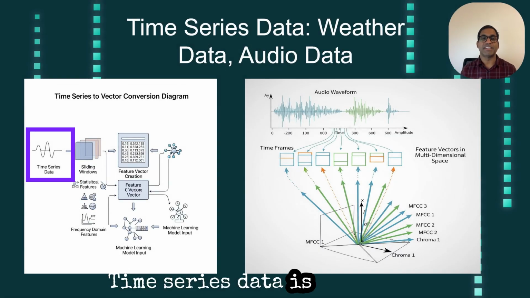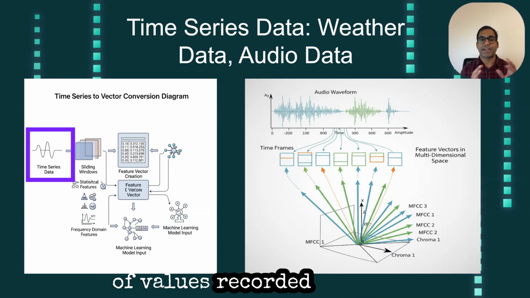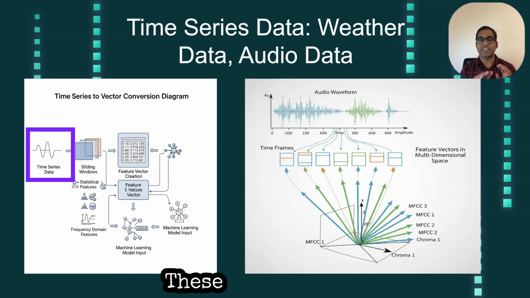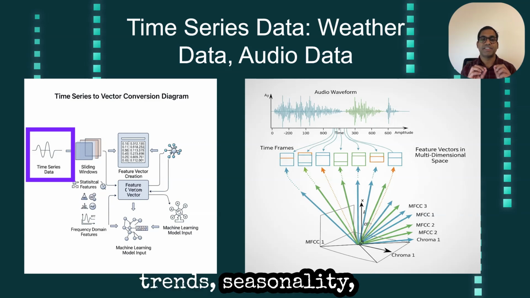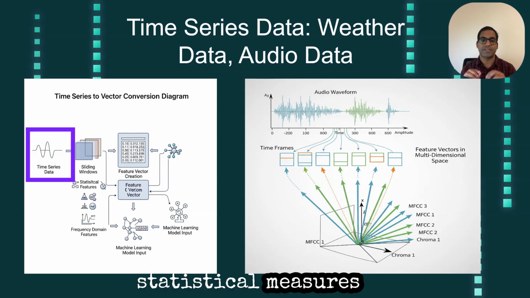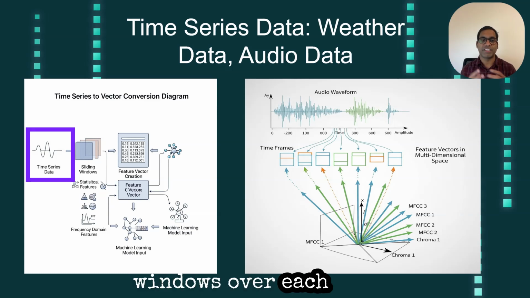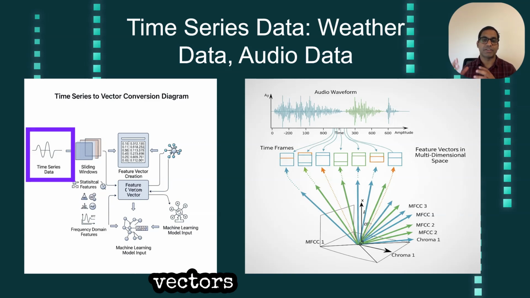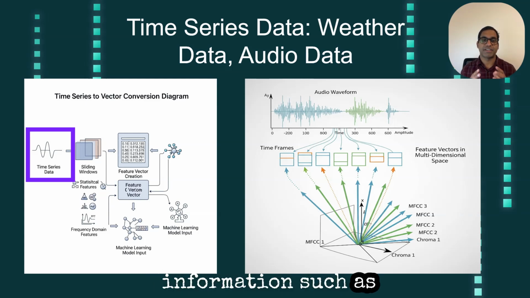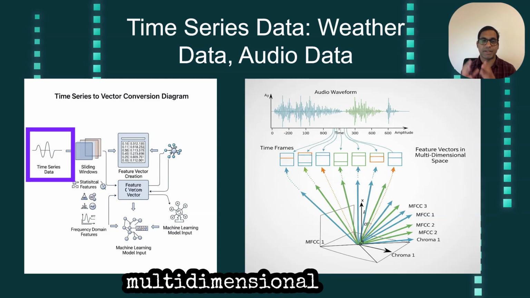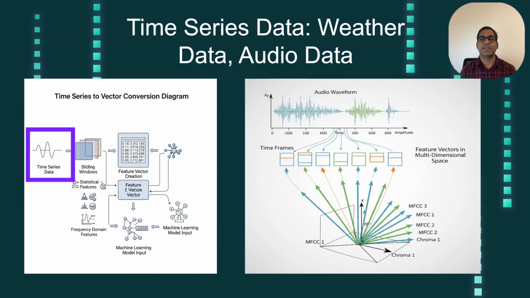Time series data is a sequence of values recorded over time. Features like trends, seasonality, and statistical measures are extracted from time sliding windows over each feature to form multi-dimensional vectors for modeling. For example, weather information such as temperature and wind over time is measured in multi-dimensional vectors.